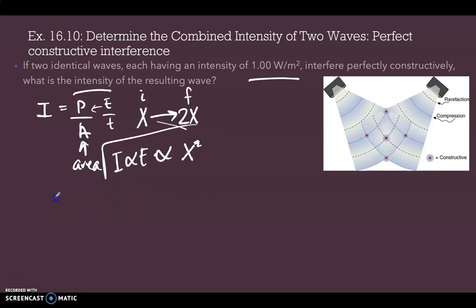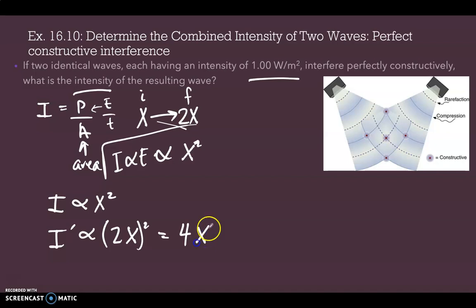And so in our first case, I is just proportional to our amplitude squared. But after they interfere, it's going to be proportional to 2 times that amplitude, and again this is squared. So this means it should be 4 times my amplitude squared.